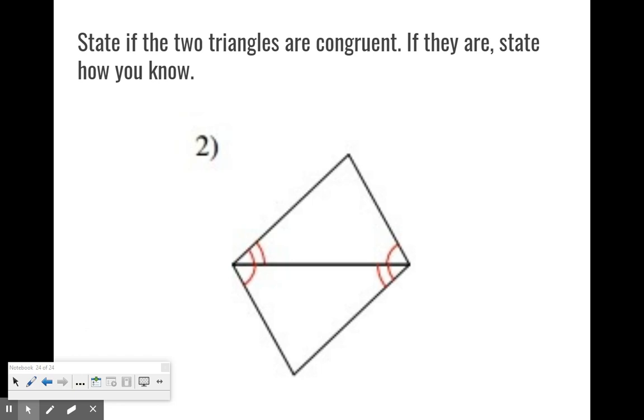Number two, very similar, where we have the triangles right next to each other. I have two congruent angles on both, and then again, they share this side, so that means it has to be congruent. Looking at the top triangle, I see angle, side, angle, and I want to check the bottom one to make sure it's the same, and I have angle, side, angle here.